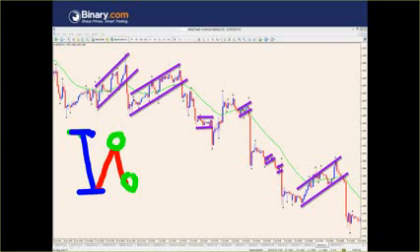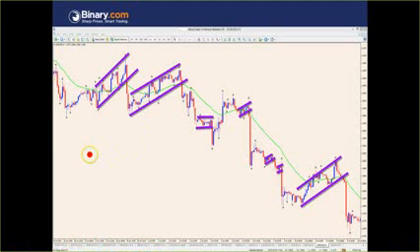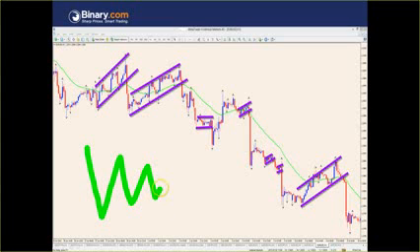And when you have a contracting triangle, price doesn't break through those levels, and it's making consistent higher lows and lower highs. And price is doing something like this. Something like that. Consistently. Until eventually it's going to break to one side. It's going to break above these tops, or it's going to break below these bottoms.